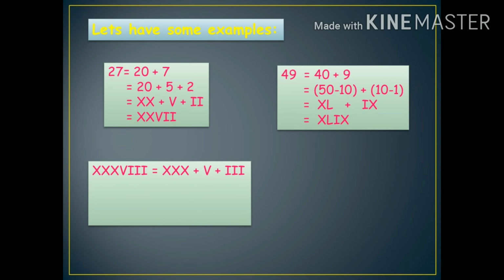Now the symbol given is XXXVIII. We can split it as XXX plus V plus III. It's 30 plus 5 plus 3, that is 35 plus 3, which means 38.